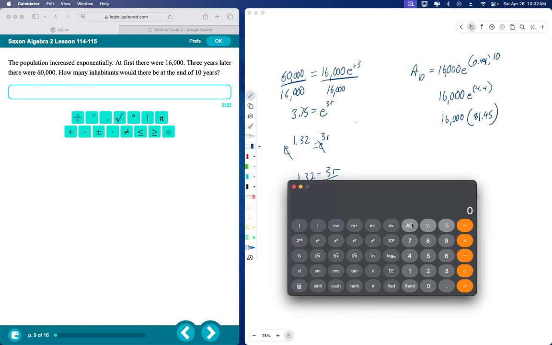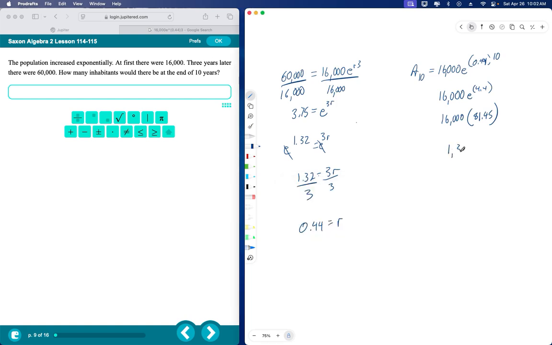When you come back down here and we say 81.45 times 16,000, okay, we get 1,303,200. I'm going to write that number down and check it.